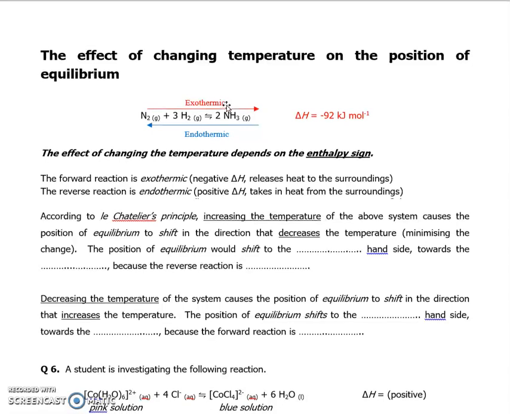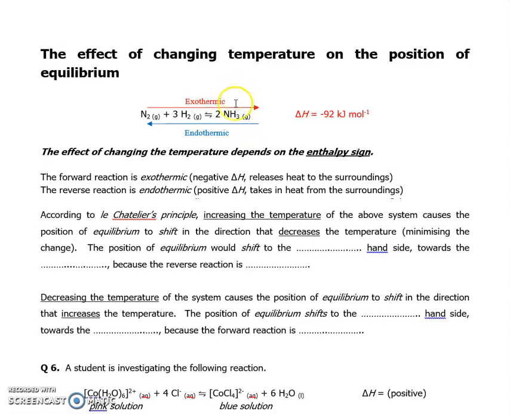Okay. Temperature. Now, temperature is slightly trickier. You will be given a reaction and you will be given an enthalpy change. The enthalpy change is for the forward reaction only. So, the effect of changing the temperature depends upon the enthalpy sign, so you need to be sure of these.